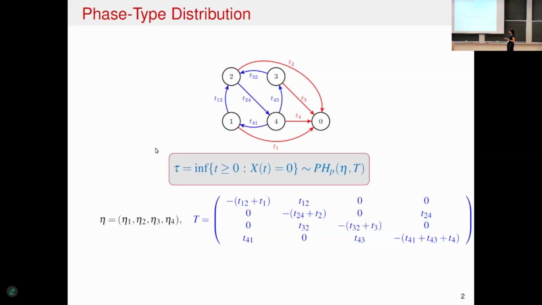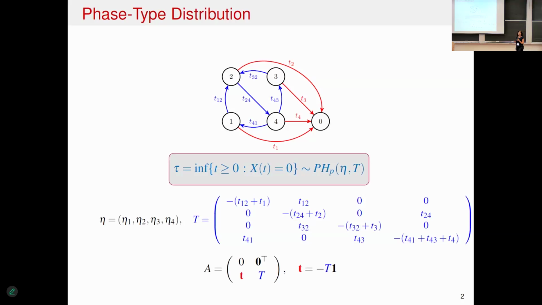Here in this example, we have 4 phases. And then we have the matrix T showing the transition rates between these phases, the transition rates for this Markov chain.